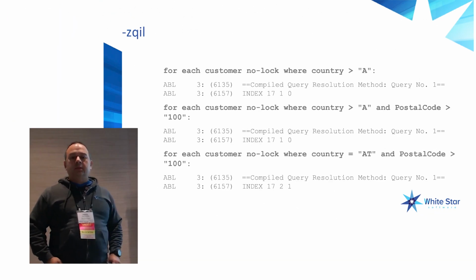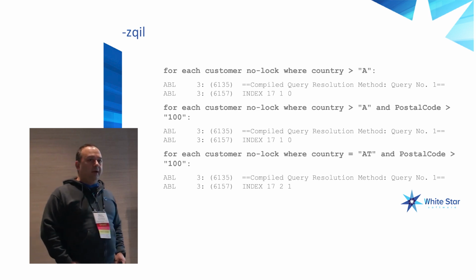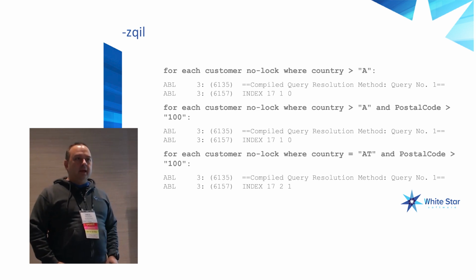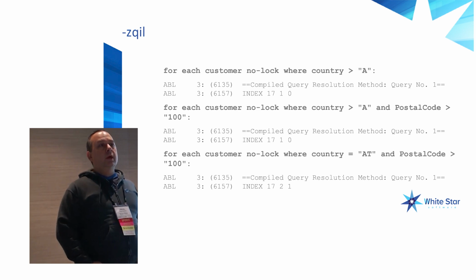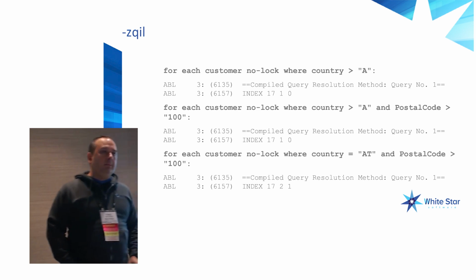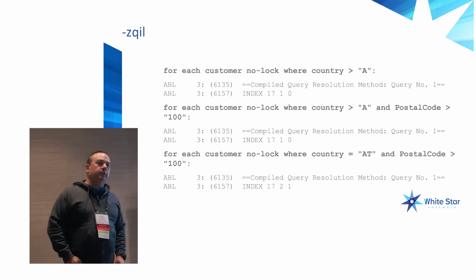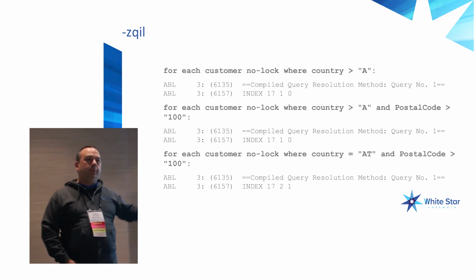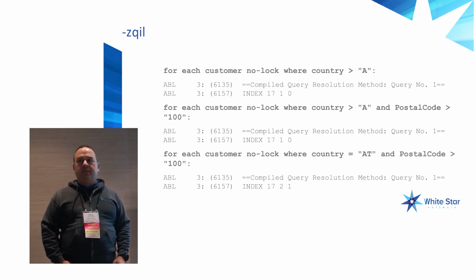So the question is, would it be better to have 2 indexes so that both indexes would be leveraged in this particular case? The theoretical answer is yes. The practical answer is no, because Progress will only use 2 indexes with equality matches on all the fields. So Progress in this particular case would not use the 2 separate indexes. It would pick one of the 2 indexes and do the same thing.